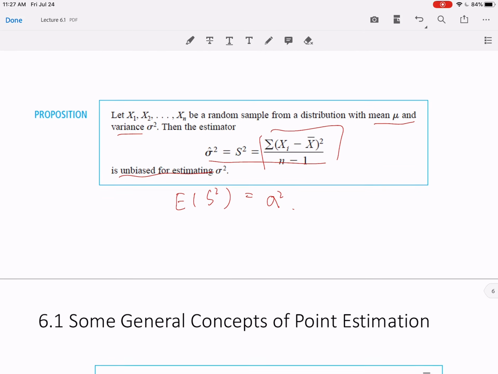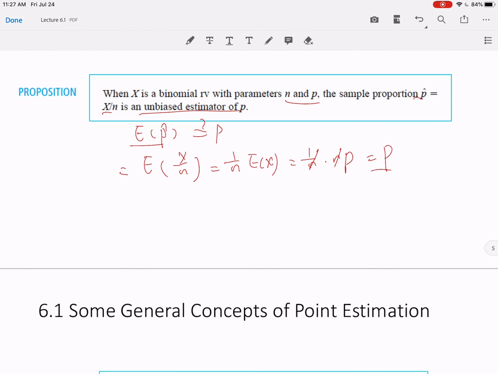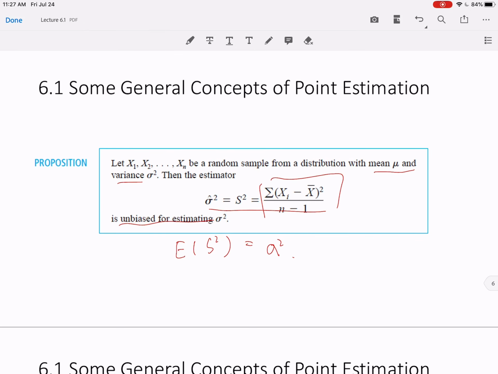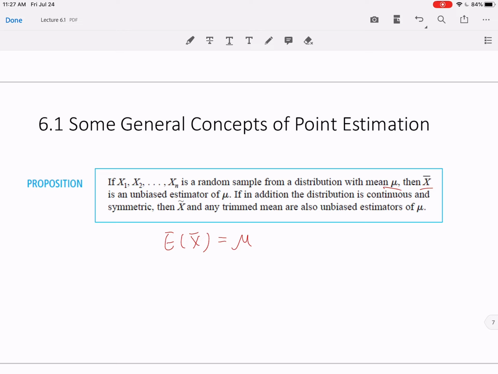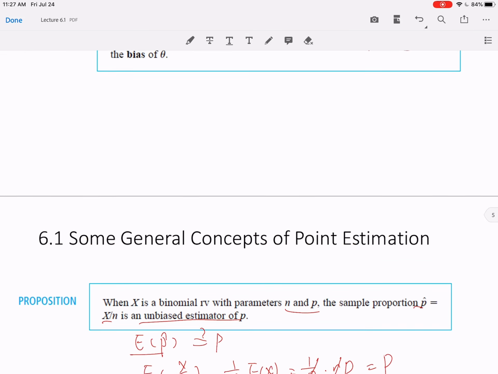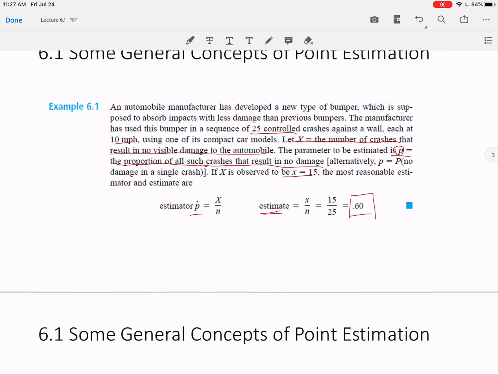And you may want to keep this idea in your mind: the sample proportion is the unbiased estimator of the population proportion, the sample standard deviation or sample variance is the unbiased estimator of the population variance, and the sample mean is the unbiased estimator of the population mean. Okay, and that's pretty much all about this section and all about chapter 6. In the next video, we're going to go into chapter 7. Okay?